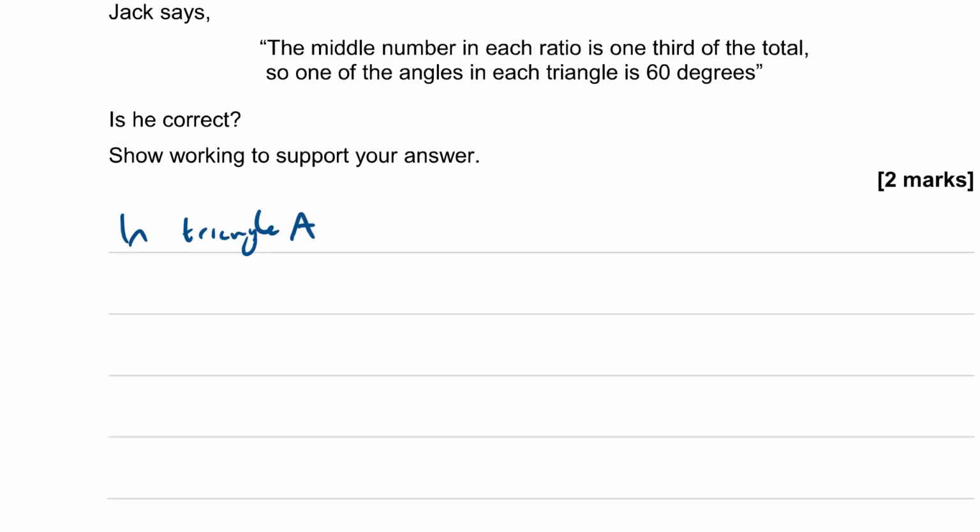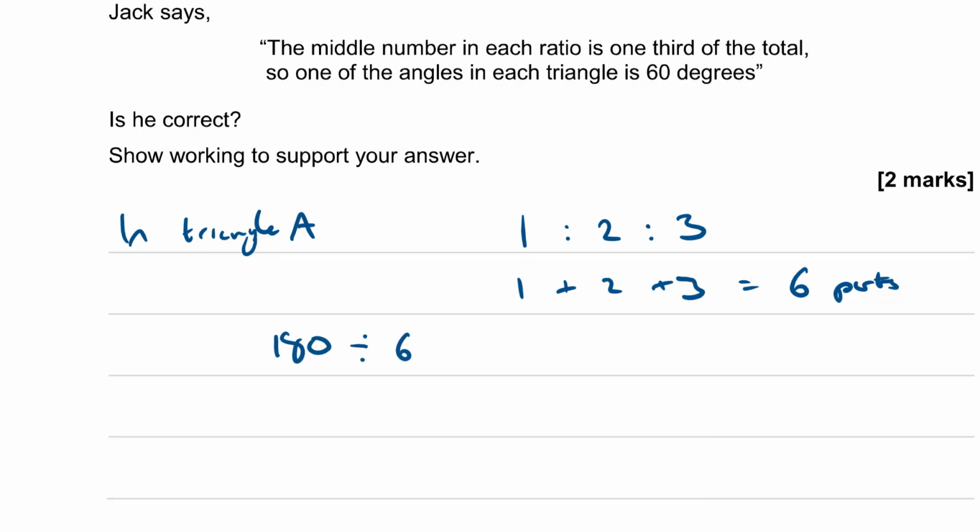Our ratio of 1 to 2 to 3 gives us 1 plus 2 plus 3 parts, which is 6 parts. And we've got 180 degrees to share out, so 180 divided by 6, and then times by 2 is going to be our middle angle, which is 60 degrees.